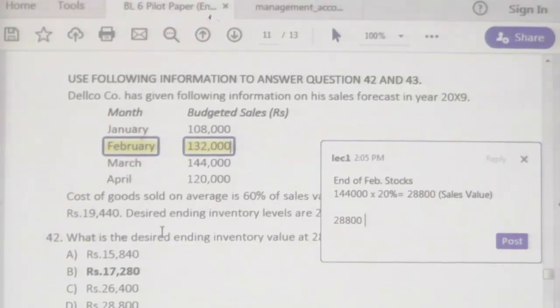The 60% is cost of sale, therefore you need to take 60% as the cost. 28,800 into 60% is 17,280. Now you can see the answer, 17,280. A very important point in this type of question is to ensure the inventory is presented at cost, not at sales price, like we calculated here.